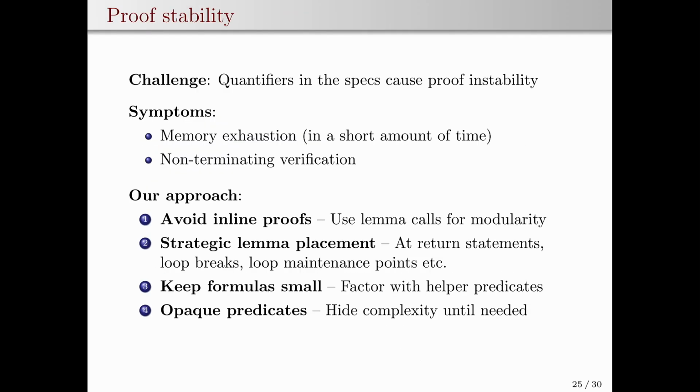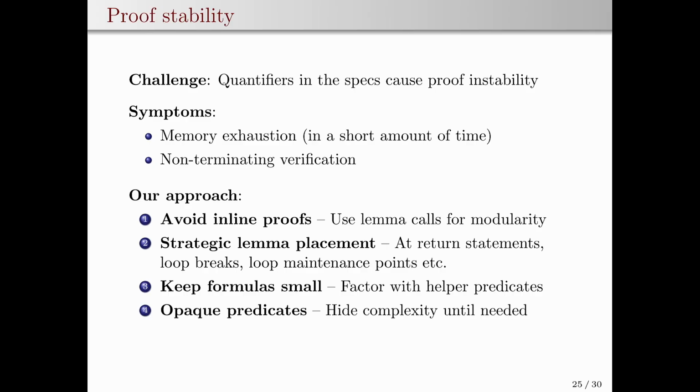A very major issue was the proof stability. The specification contains a lot of quantifiers, and then you typically get symptoms like memory exhaustion: in 15 seconds your whole memory is taken, you have to reboot, and that happened countless times. Also the verification sometimes doesn't terminate. What did we do to mitigate that?